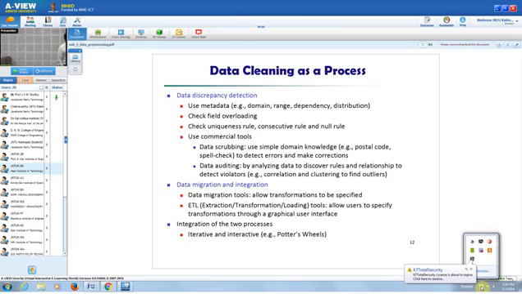So these are the tools. In fact, we have those tools in our department, but unfortunately, nobody is coming forward to use them. So they are just lying in cold storage. So, integration of two processes.